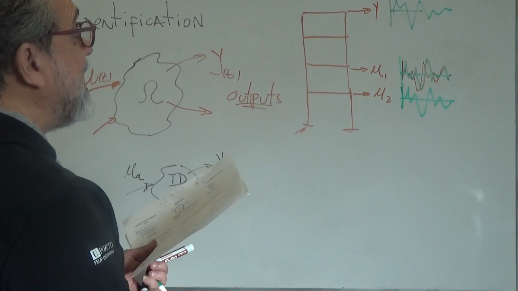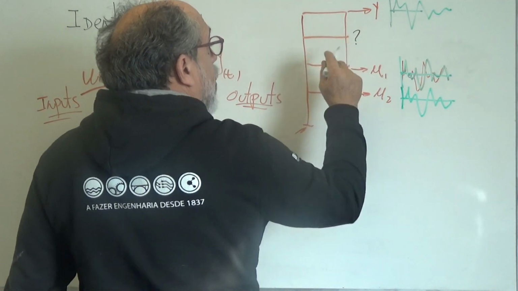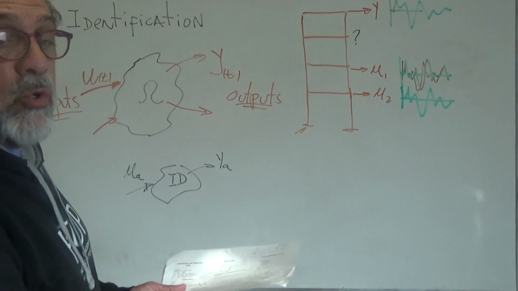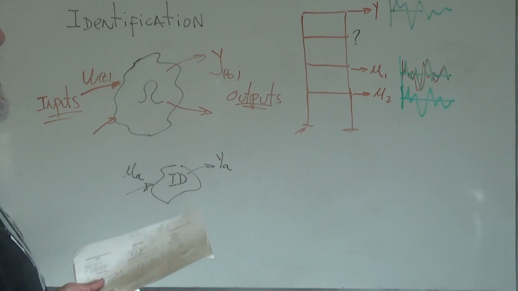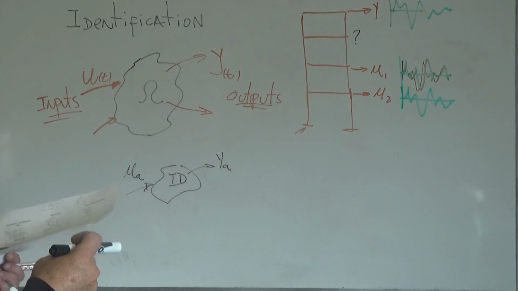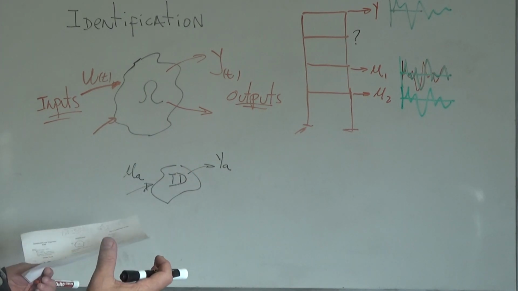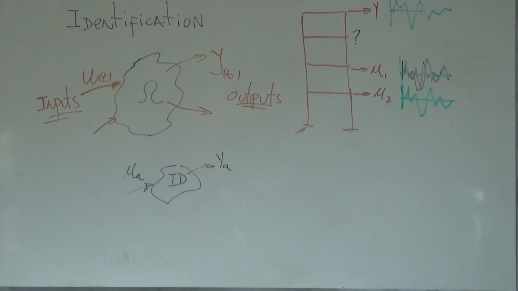It would not make any sense from an identification perspective to ask what is happening on this level, because we had no sensors over there. In fact, that position has no particular meaning, because we need not have any topological understanding of the structure that we're looking at.